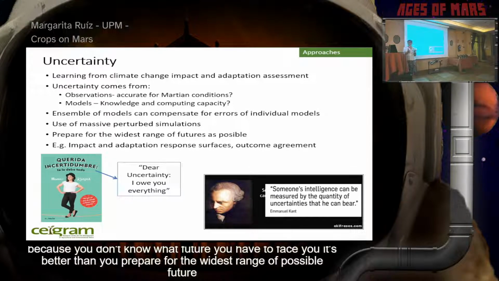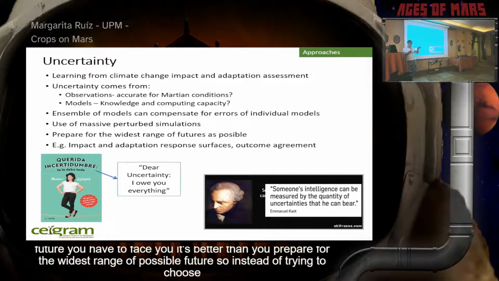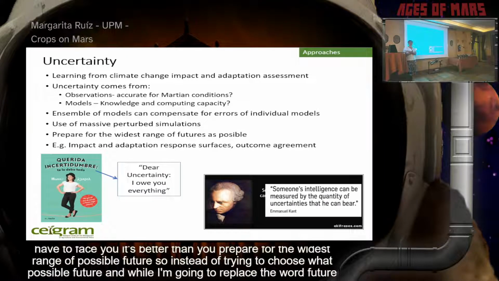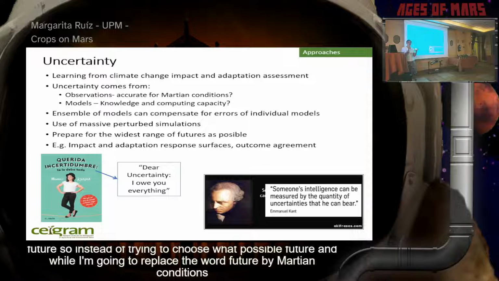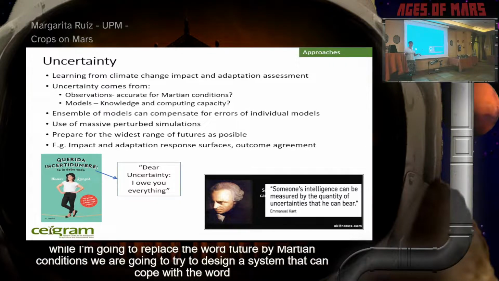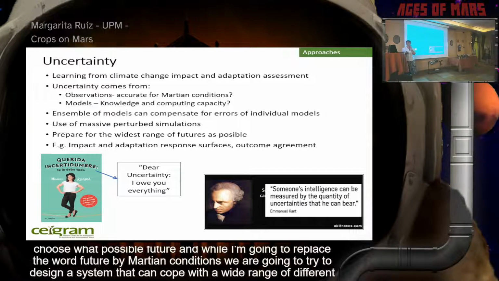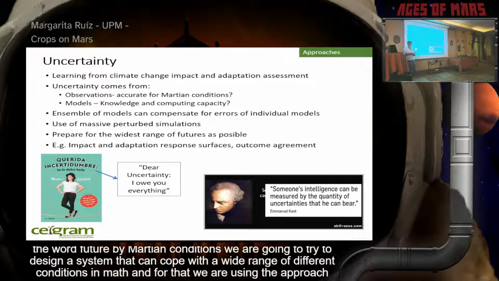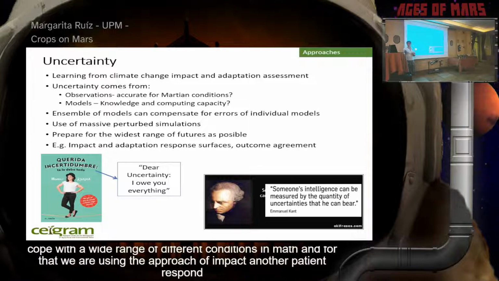So instead of trying to choose one possible future, and I'm going to replace the word future by Martian conditions, we are going to try to design a system that can cope with a wide range of different conditions on Mars. And for that, we are using the approach of impact and adaptation response surfaces.